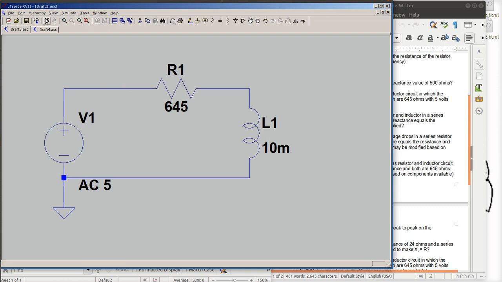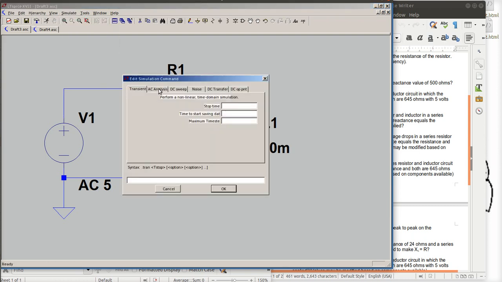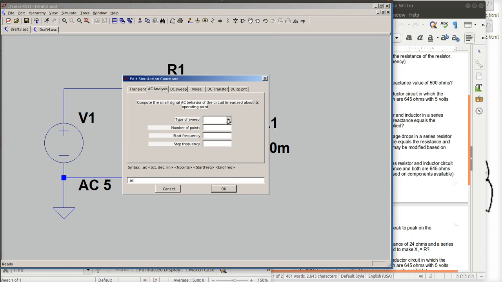For my analysis, I'm going to do AC analysis. I'm going to do linear, 1-point sweep. 10265.5. Now when you're setting up this frequency, don't try for that exact frequency.